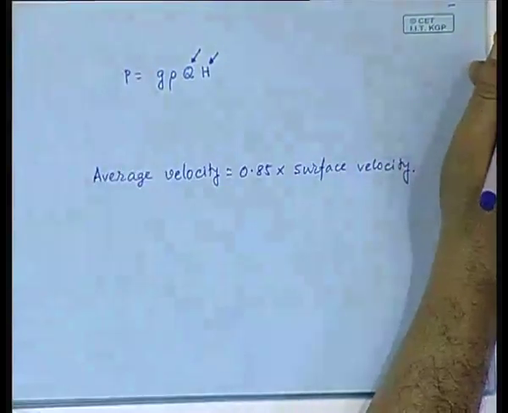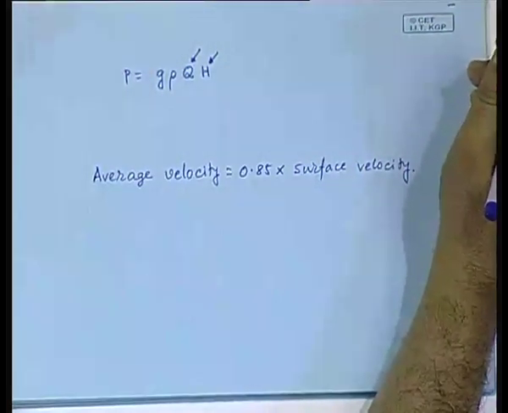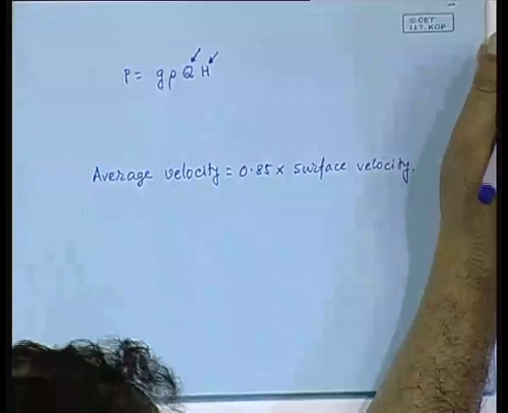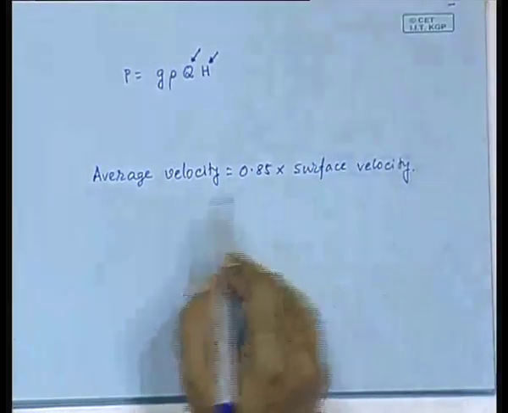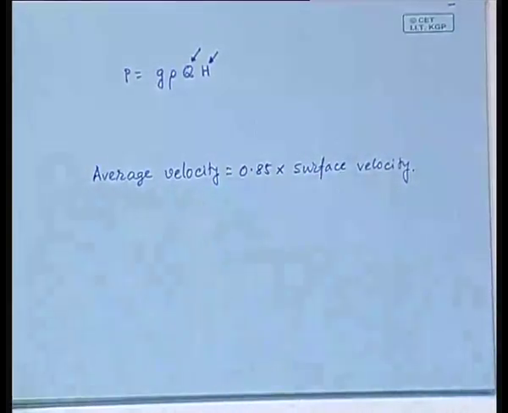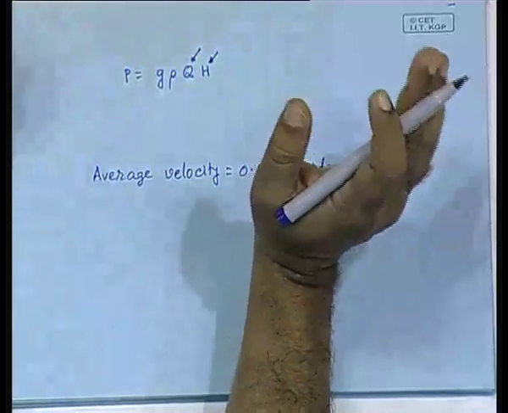Okay. So, once you use this relationship, it is not difficult to see that it is possible to obtain the average velocity, at least as a matter of rough estimate. Okay. But that is not Q. Q is the flow rate.